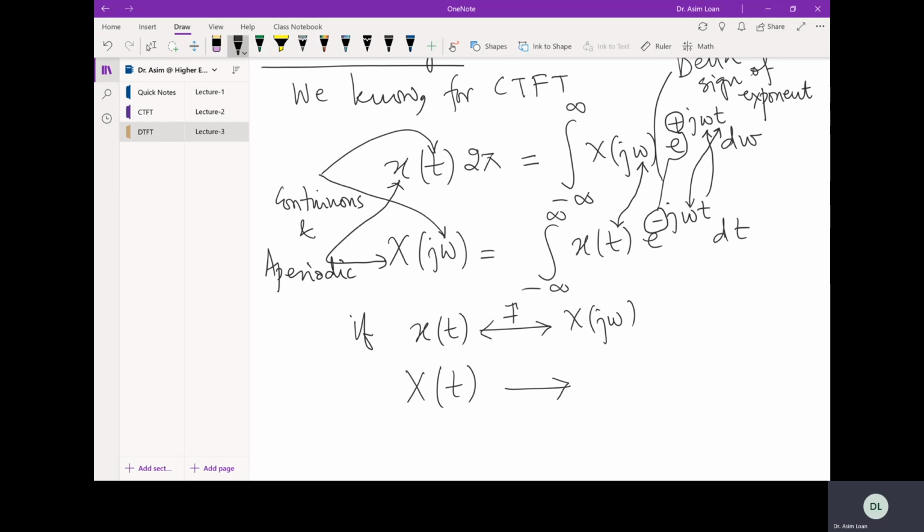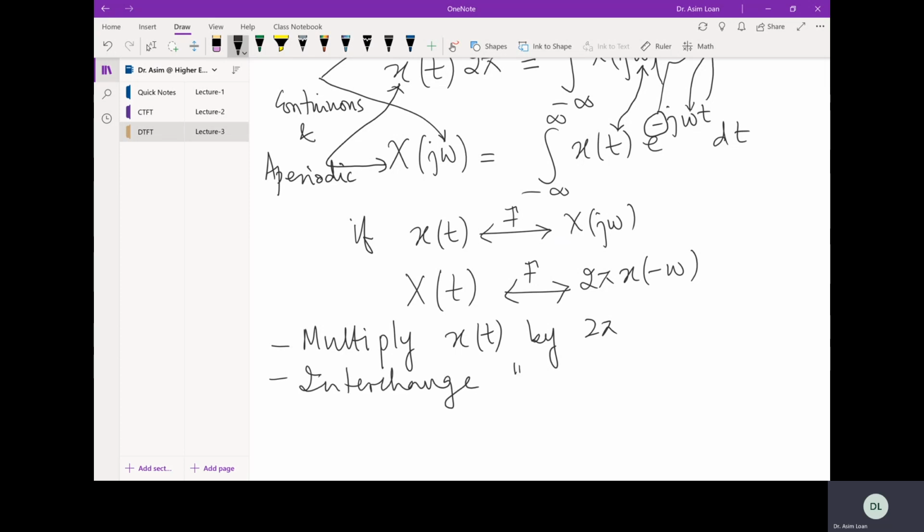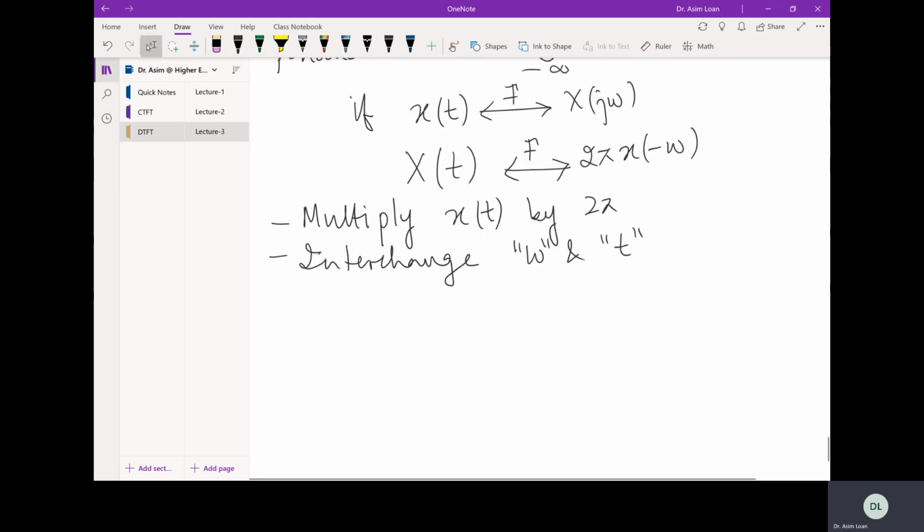So we said, okay, you multiply x of t by 2 pi, interchange omega and t, and this is possible because both are continuous variables, and finally replace omega by minus omega.